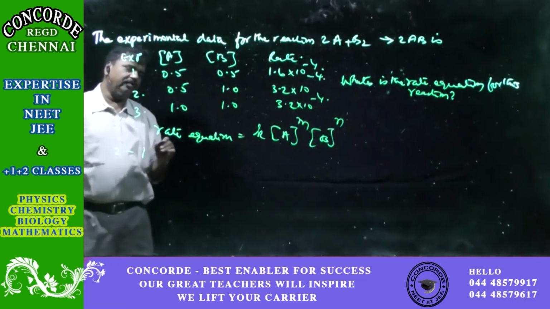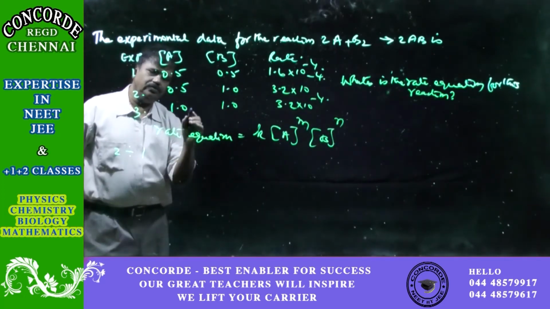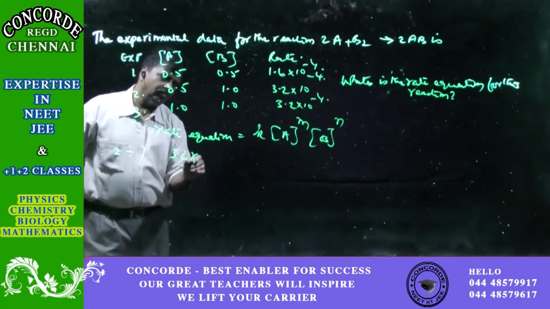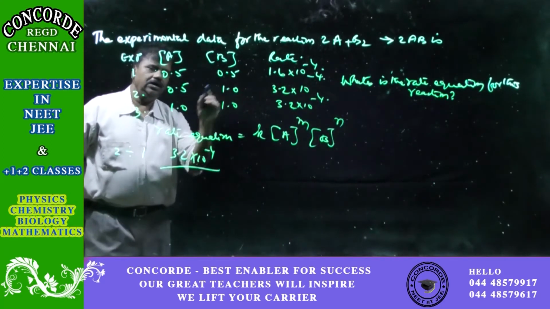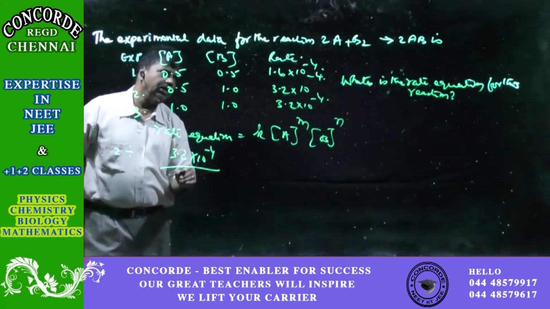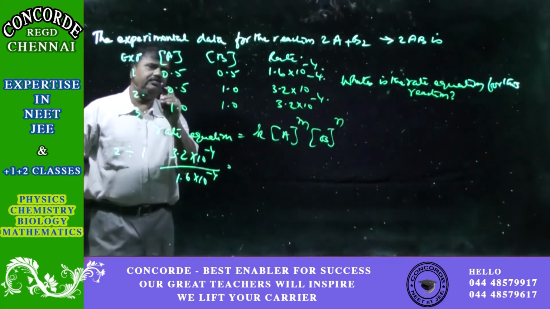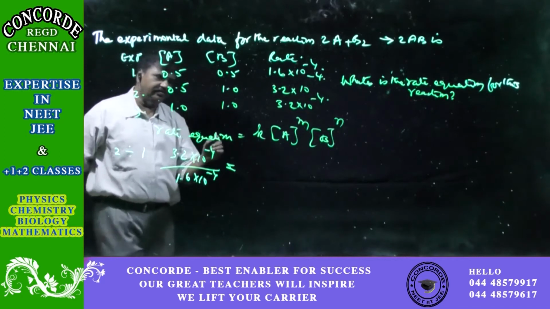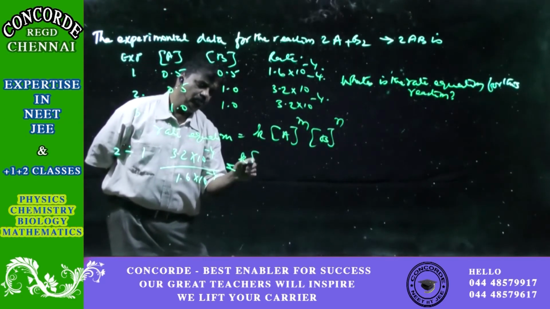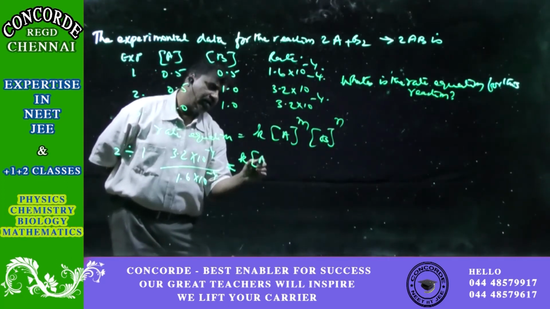So, 2 divided by 1 will give us the rate ratio: 3.2 into 10 power minus 4 by 1.6 into 10 power minus 4. And what about the values of concentrations? This is k into, for this equation, A to the power half.